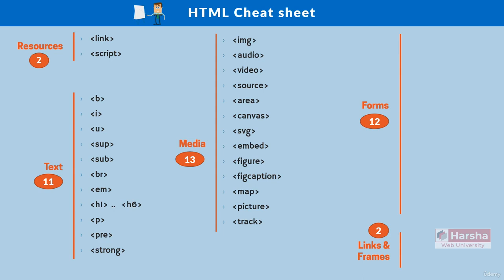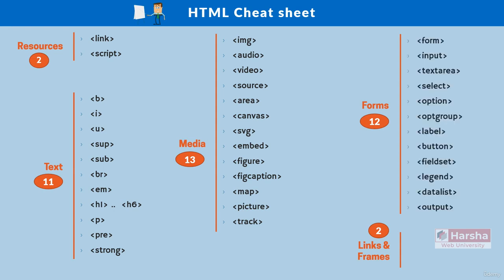For example, audio, video, canvas, figure, figcaption, etc. are newly introduced tags in HTML5. And the form tags are 12, including HTML4 and HTML5 tags, that is form, input, textarea, etc. And the link tags are 2, that is a and iframe.